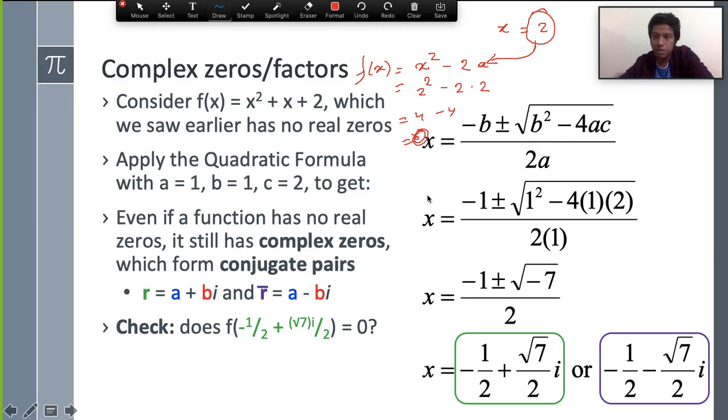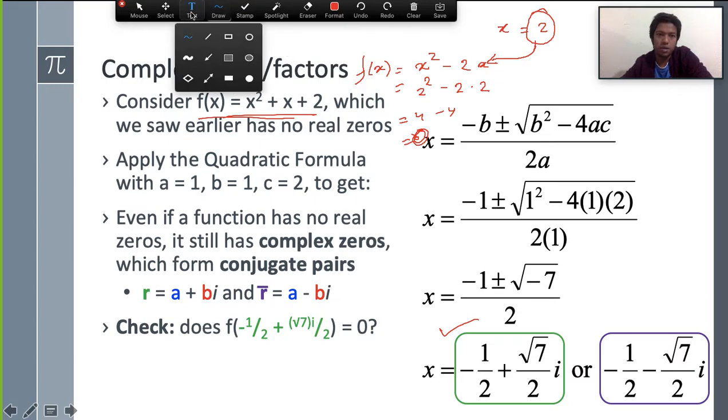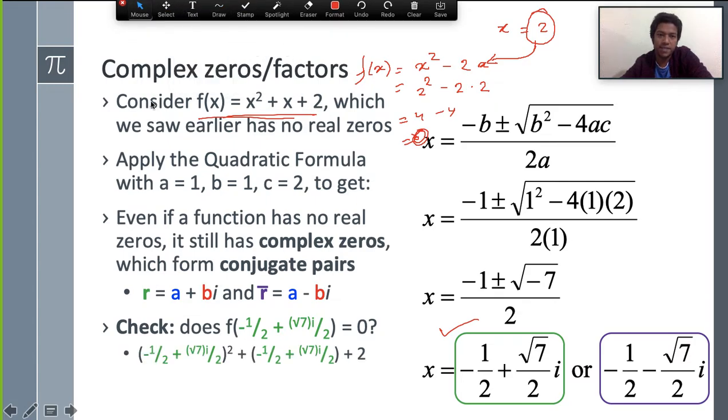Alright, that's good. But what will happen about this? How can we prove that this is also a zero of this function? This is kind of crazy, these numbers. In fact, we can do that, and the method is exactly the same.